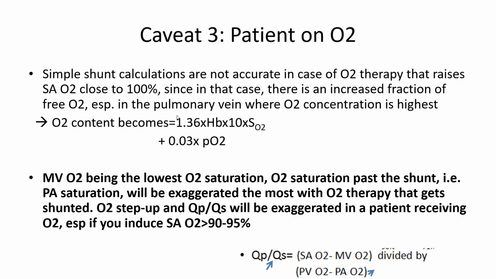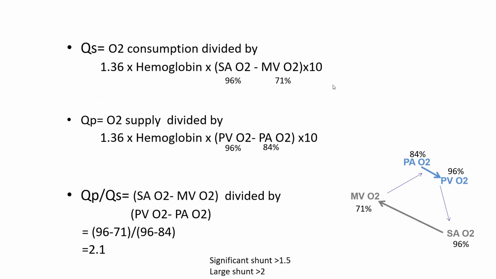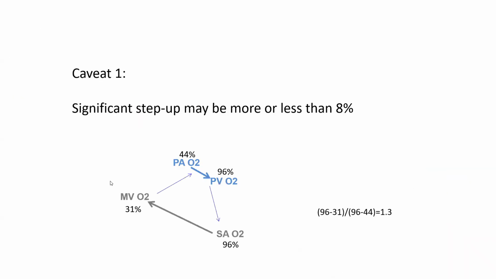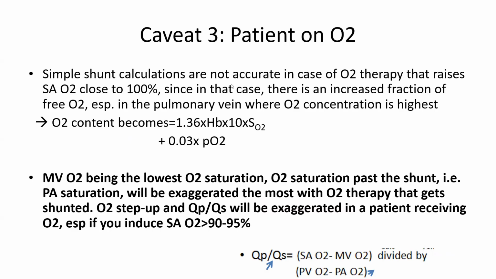Simple shunt calculations using the QP/QS equation and the standard Fick equation, whether the simplified ratio or the absolute calculation, are inaccurate in case of oxygen therapy, especially oxygen therapy that raises systemic saturation to close to 100%, since in that case there is an increased fraction of free oxygen, especially in the pulmonary vein where O2 concentration is the highest.